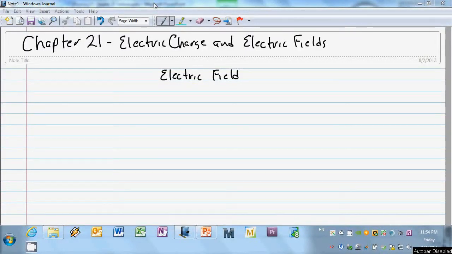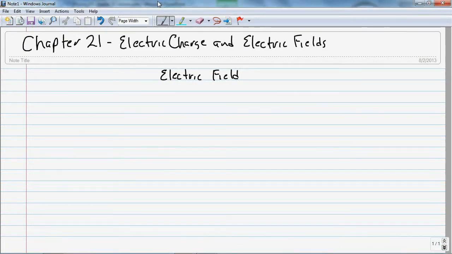Now that we are familiar with electric charges and the forces between charges, let's look at the concept of electric field. We can illustrate this in a certain way. Let's say we have a positive charge here and a negative charge. Then there's going to be some pattern of influence. It's going to be some vector field, right?